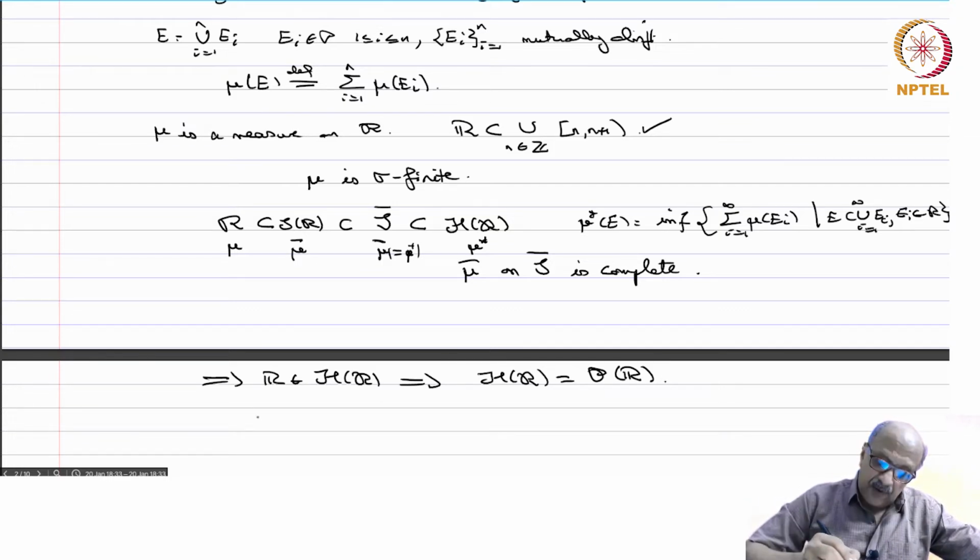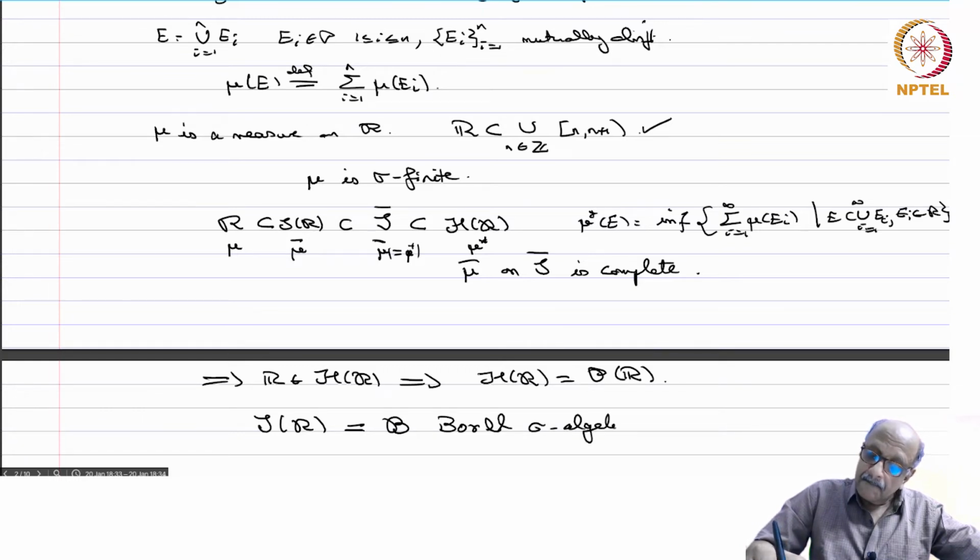Now S(R) we call B, the Borel sigma algebra. And S bar we call the Lebesgue sigma algebra.